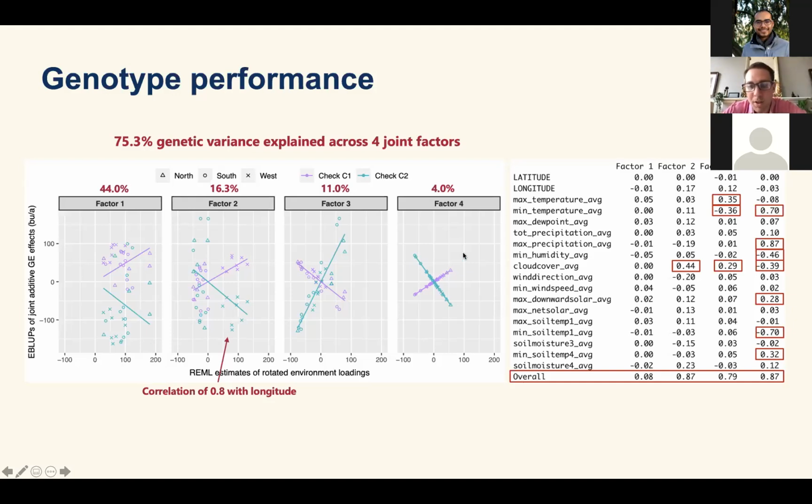Now, with the addition of the environmental covariates, we actually get these factors being driven, like I keep calling it, by the different covariates. And I'll just highlight a couple. One is cloud cover. It's contributing 0.44 of that second factor, 0.3 and negative 0.4 of the fourth factor. And essentially now what breeders can do is start actually interpreting these factors in that manner.